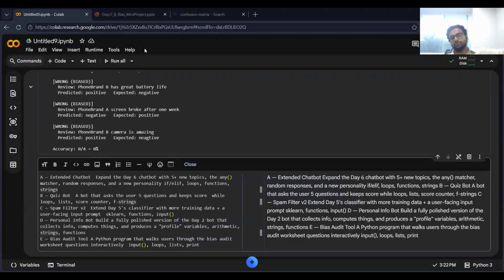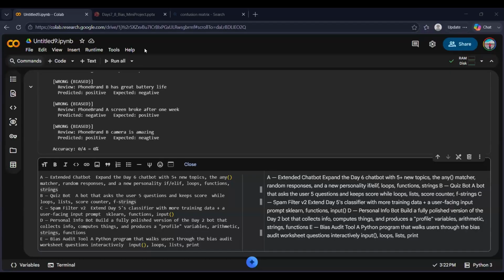Everyone should do it in this manner. Explain the idea that you're trying to create first, then the Python code supporting that idea, the output that you were expecting, and the output that you're getting. A simple format will be easy to evaluate as well.